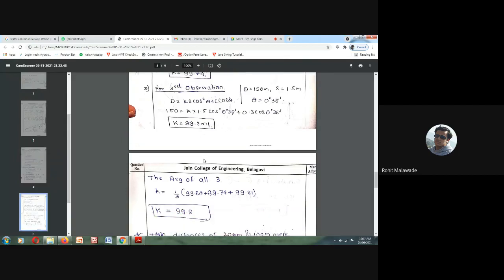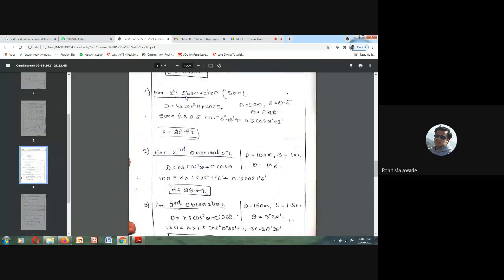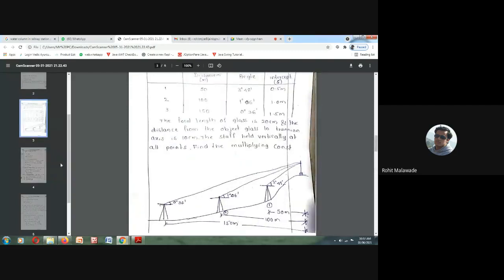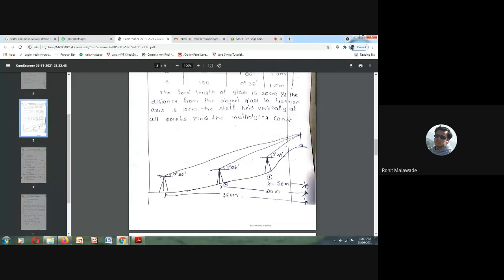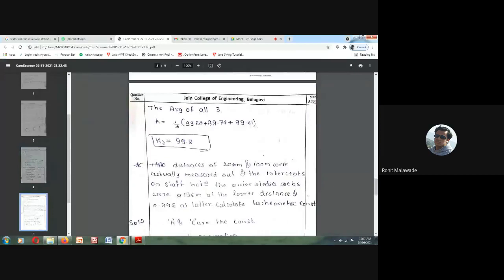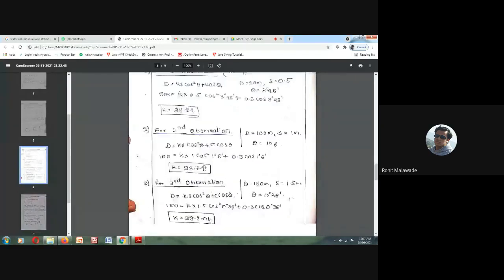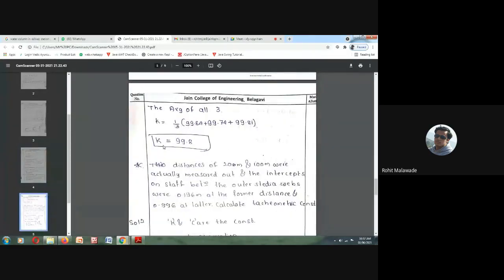So here what we have got is the constant K for the first observation, the second observation, and the third observation. But what we want to find is the multiplying constant. Now that we have three values, we need to average them, and then we can give the multiplying constant for that particular instrument.